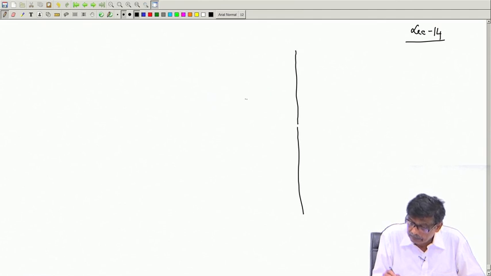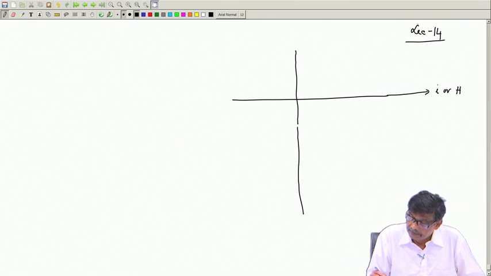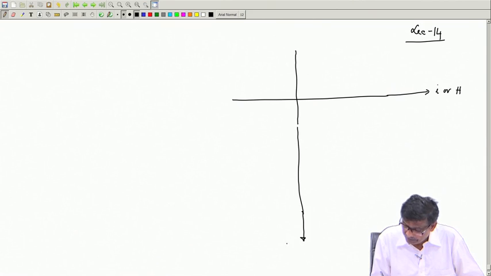Suppose this is my H or I axis, I or H, and this axis is omega t, to show the variation of the current.